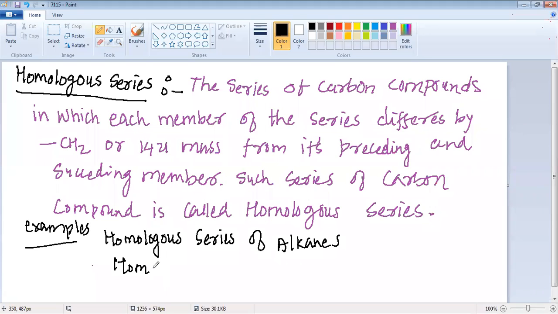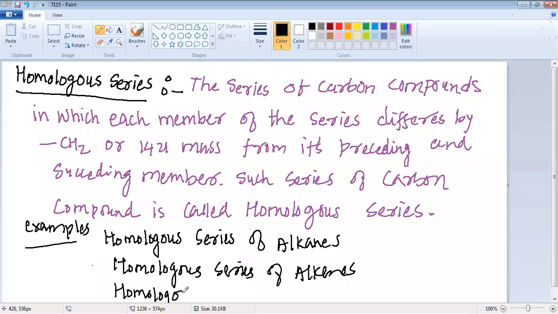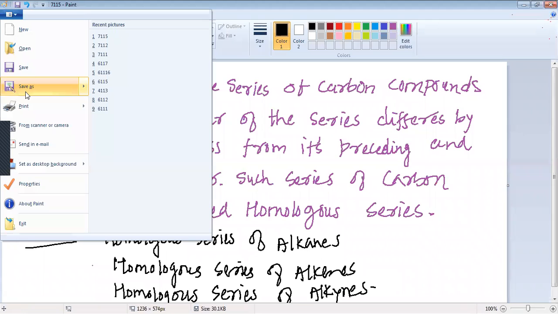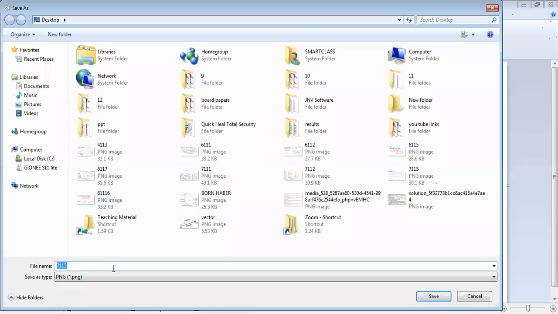We can even see the homologous series of alkenes. We can even see the homologous series of alkynes. So we can even give other examples of homologous series, but that is what we are going to study in future. So let us move forward.